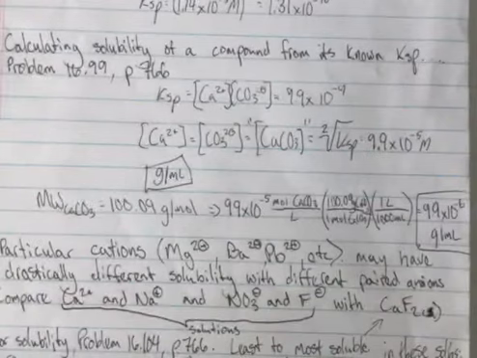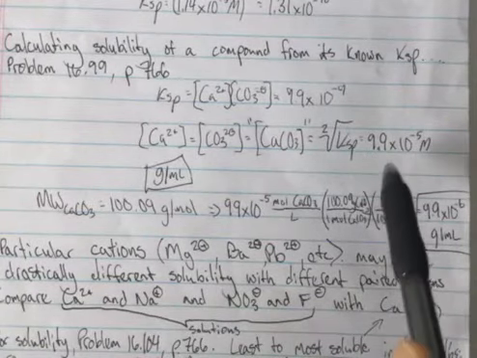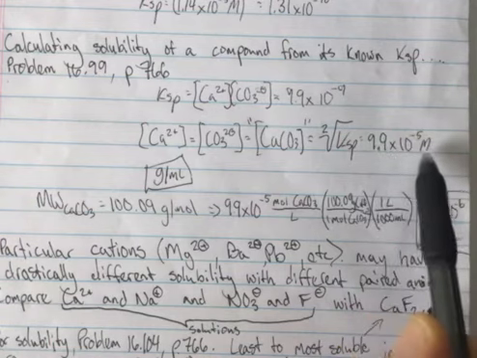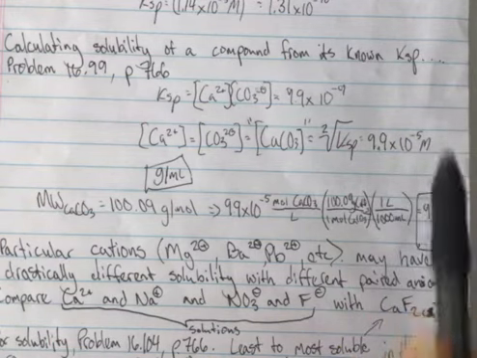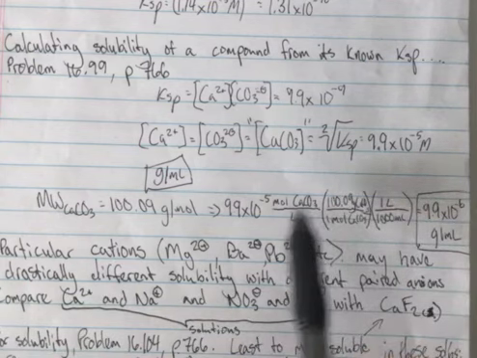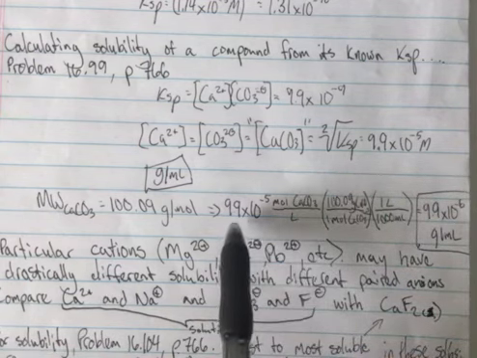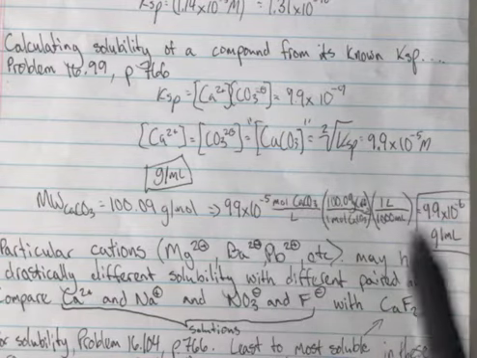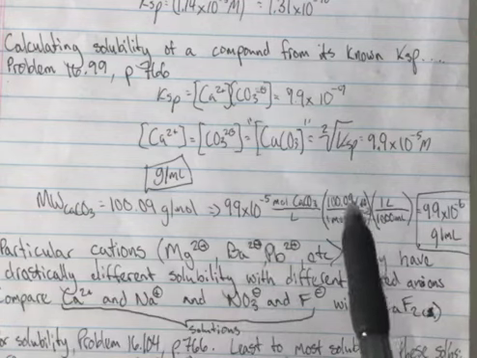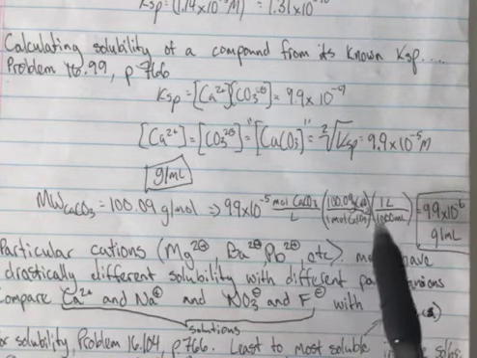All right, now that we took the square root of KSP, we get 9.9 times 10 to the minus 5 molar, or moles of calcium carbonate per liter. Now we take that 9.9 times 10 to the minus 5 and use the molecular weight of calcium carbonate to convert back into grams.